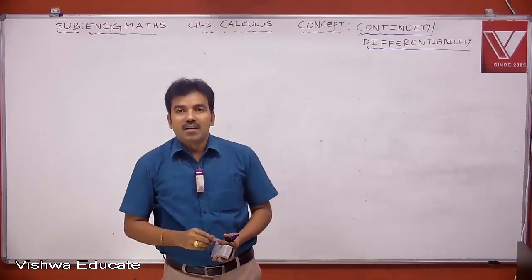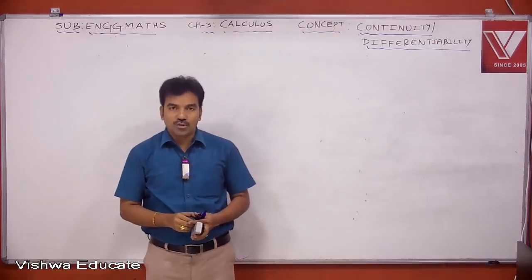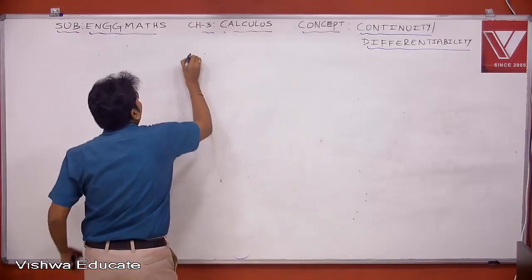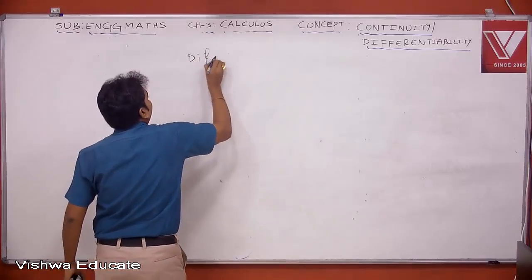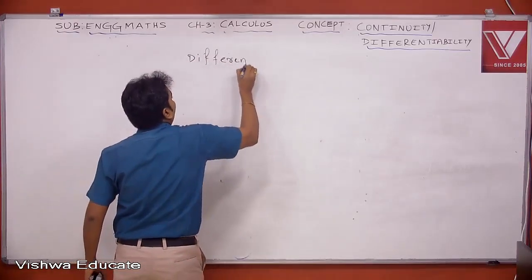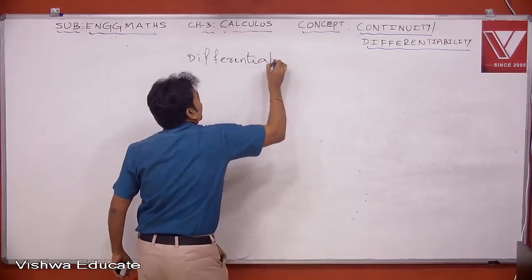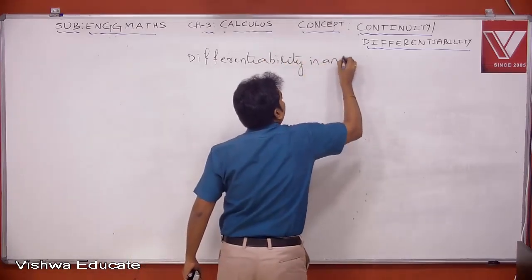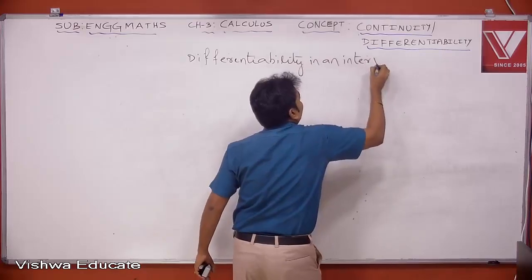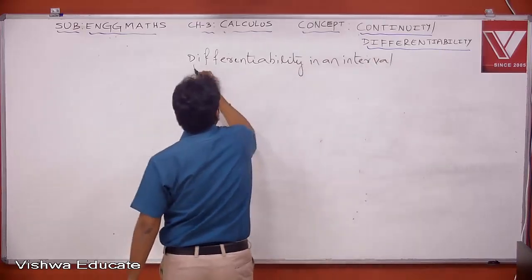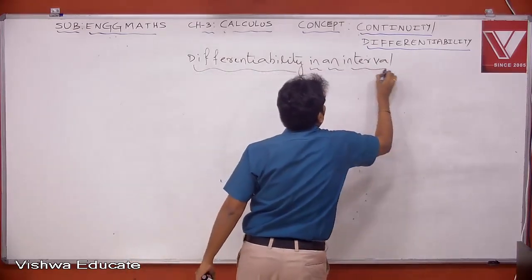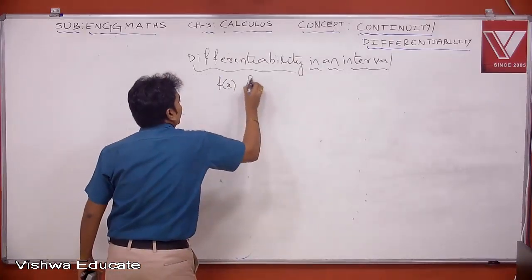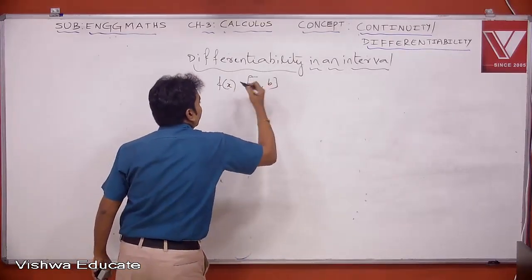Now we discuss differentiability of a function in closed interval a comma b. Next one, differentiability in a closed interval or an interval. Differentiability in an interval, just like continuity in an interval. Suppose we have a function f of x, which is defined in closed interval a comma b.